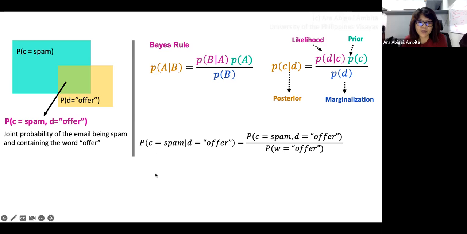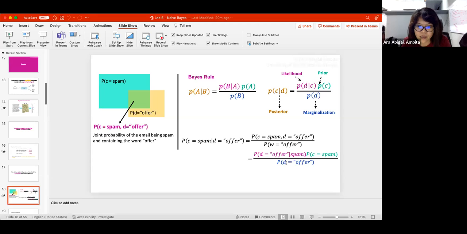And how can we prove that that hypothesis is true given that the evidence D is that the word offer appears in the email. Okay, and it is equivalent to the joint probability of the email being spam and containing the word offer divided by the P of D equals offer. So let me just change this one. This should be W.